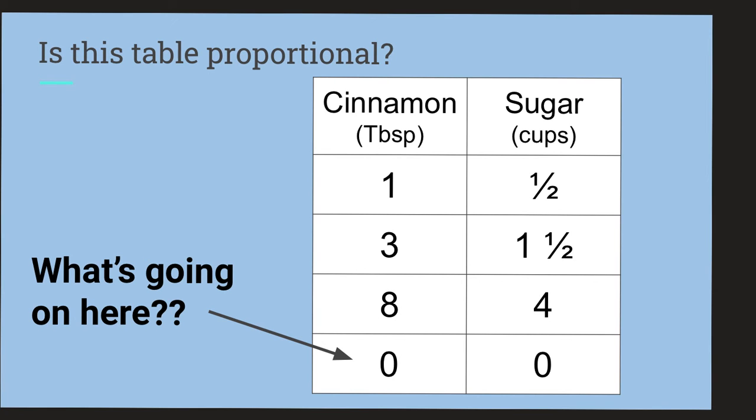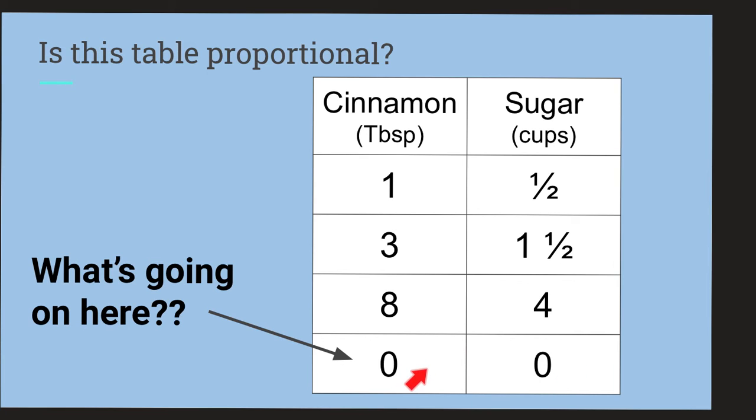All right, I like this slide. What is going on here? Kids who were in class when I had students stand up, and one student would take 2 steps and the other would take 1, they understand what I'm talking about: not only do proportional relationships have to have the same ratio if you reduce it, or be able to double or triple, but a proportional relationship will also go through 0, 0.